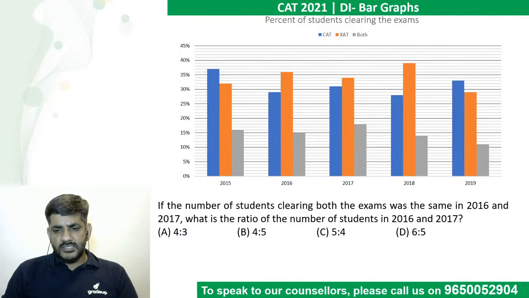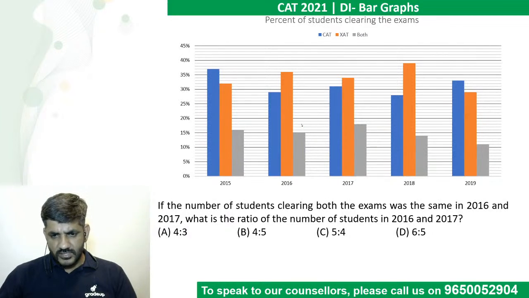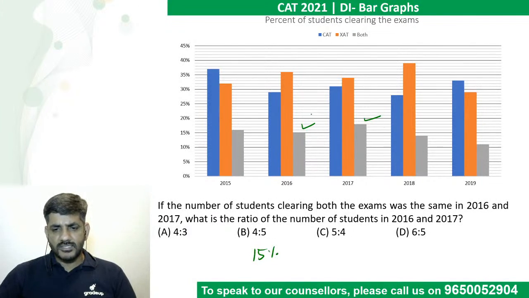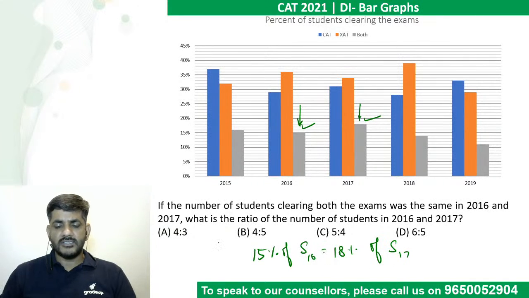If the number of students clearing both the exams was the same in 16 and 17, so these two figures are the same, what is the ratio of the number of students in 16 and 17? So in 16 this percentage is 15%. You can see this. In 17 this percentage is 18%. He says 15% of the number of students in 16 is equal to 18% of the number of students in 17.